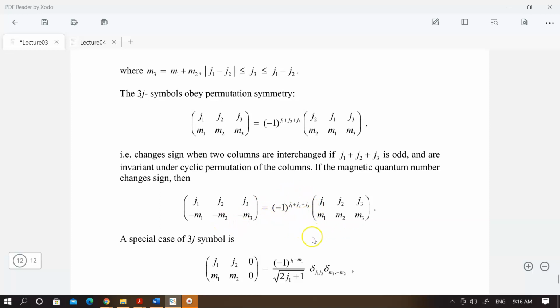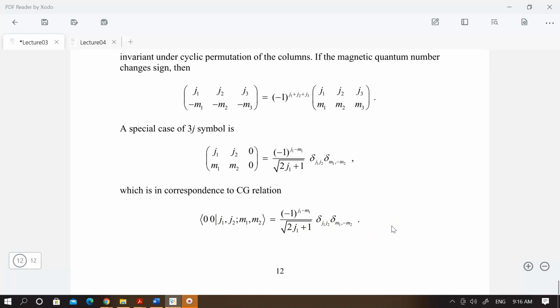There is a special case that is convenient for us to know: the case when J3 equals 0 and hence M3 equals 0. Then you can see that the total angular momentum is actually the zero angular momentum state, and that simplifies a lot of things.